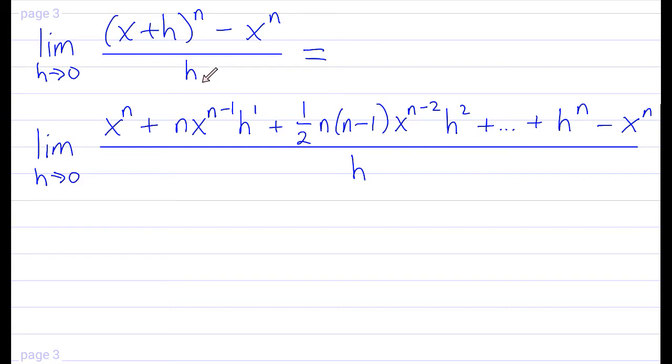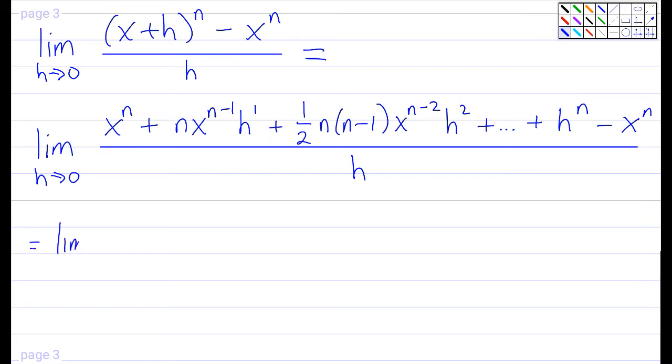That's why you can't plug in h equals 0 into this expression. You get 0 over 0. But now that I've simplified, h down here is going to cancel one of these h's. This is going to become h to the n minus 1. Let's see what we get.